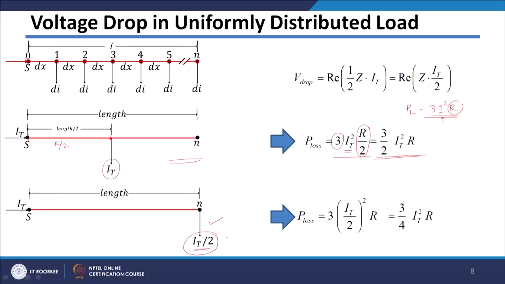So, the current will be IT divided by 2 squared, but since we are considering the total feeder here, the resistance of the feeder will be R. So, the power loss into the feeder is 3 by 4 into IT square R. You can see that when we lump at the middle, we get one equation, and when we lump at the end, we get another equation.